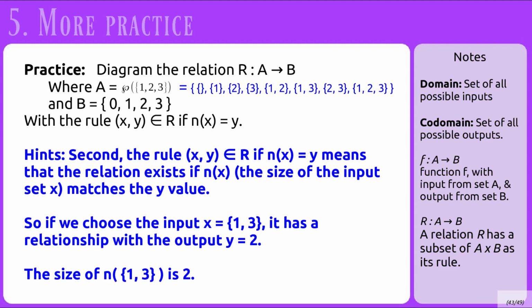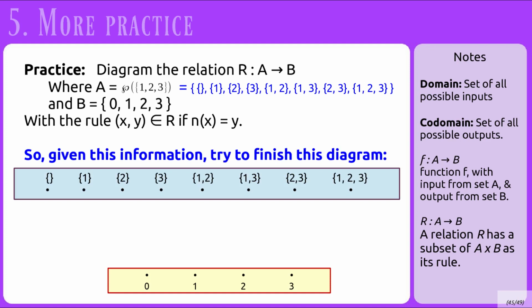So if we choose the input x equals the set that contains 1 and 3, it has a relationship with the output y equals 2. The size of the set {1, 3} is 2, so that's where the relationship works. Now, it won't have a relationship with y equals 0, or y equals 1, or y equals 3, so there will only be an arrow between the set that contains 1, 3, and the output y equals 2. So, given this information, try to finish this diagram.